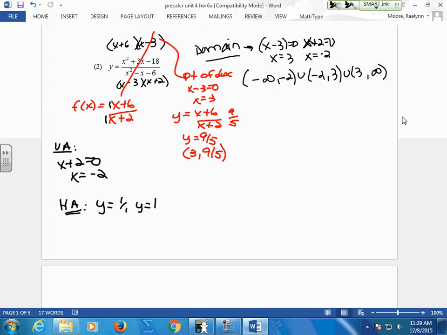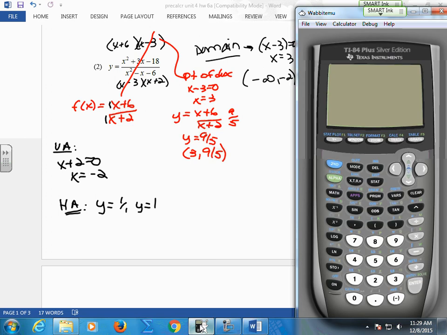So now I can start graphing this. I can put this in my calculator. I'm going to see what it looks like, and I can absolutely graph this. Put your original one in here. Otherwise, you'll lose your point of discontinuity.